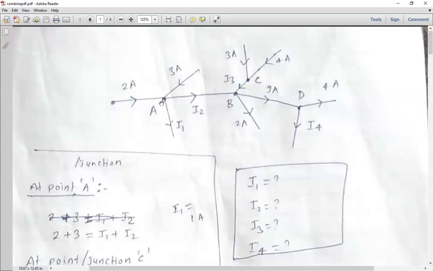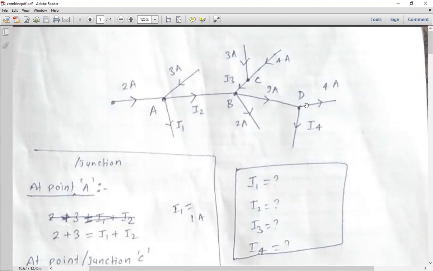We can see that this is a junction, as 1, 2, 3, 4 paths are connected. This point B is also a junction, with 1, 2, 3 and 4 paths connected. This point C is also a junction, as a minimum of three paths are connected.